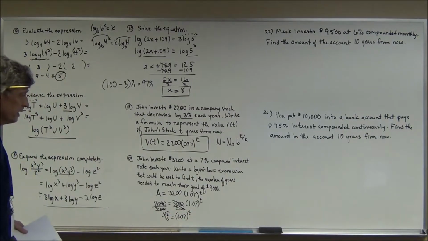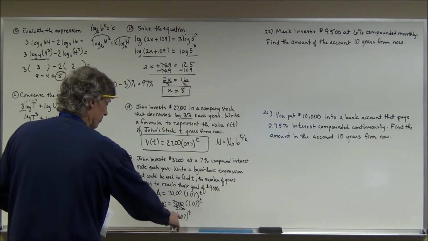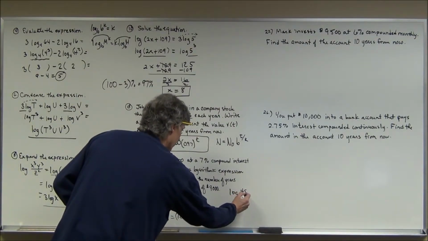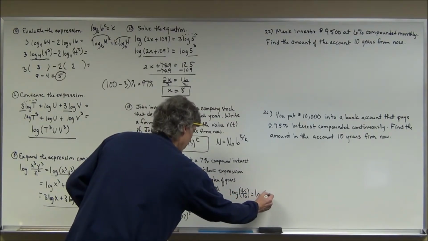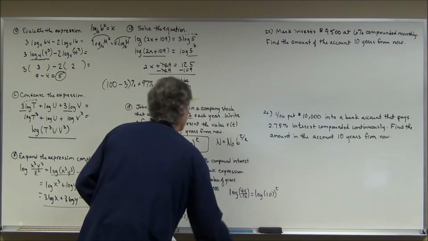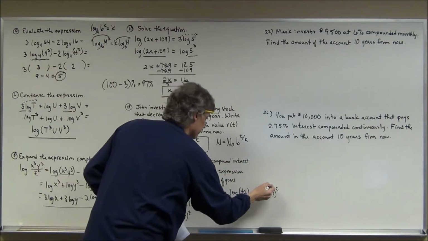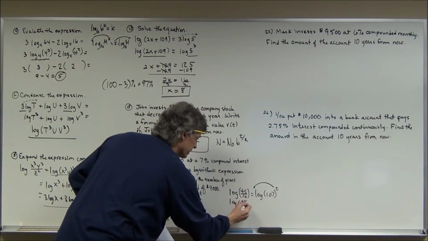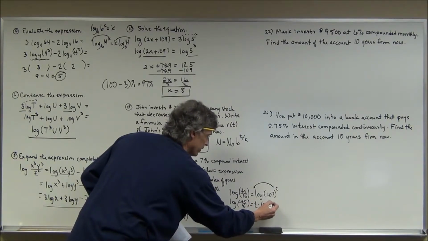Now I'm running out of space here, so I'm going to move over to this side. I'm going to take the log of both sides. The log of 45 over 16 is equal to the log of 1.07 to the t. Then I'm using that property again, bringing the exponent in front. And I have the log of 45/16 is equal to t times the log of 1.07.